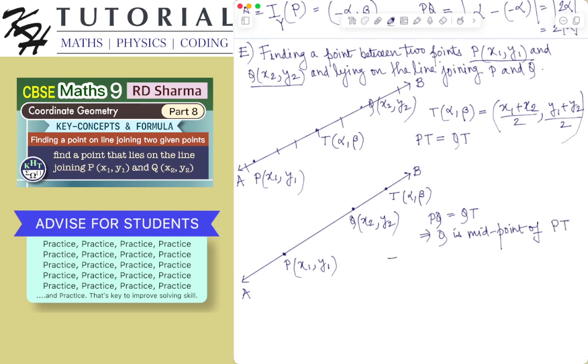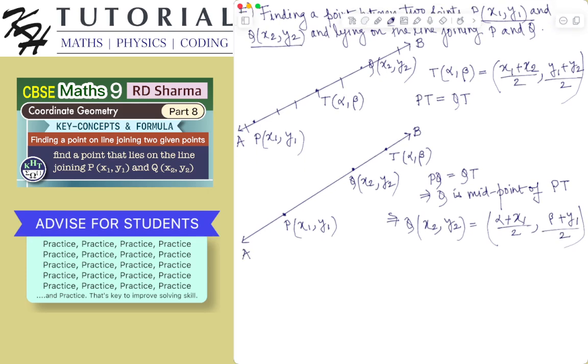So this will imply that the coordinates of the point Q, which is already given to be x2 comma y2, should be equal to alpha plus x1 by 2 comma beta plus y1 by 2.